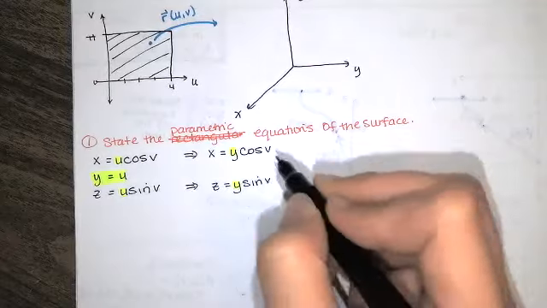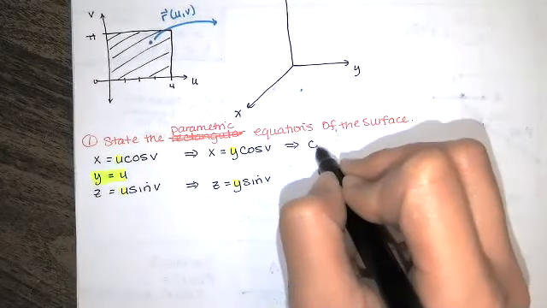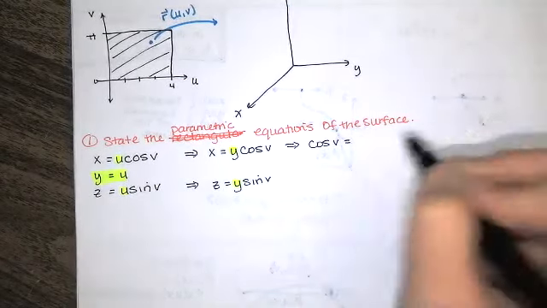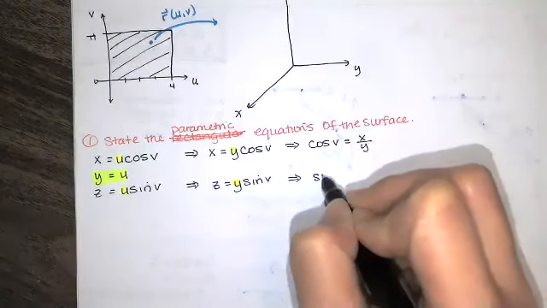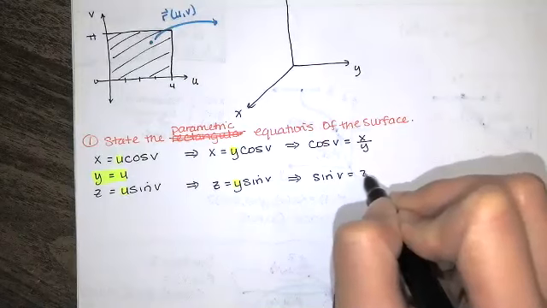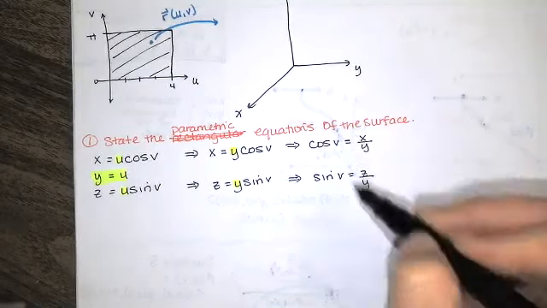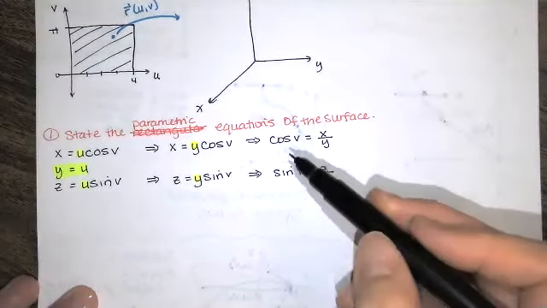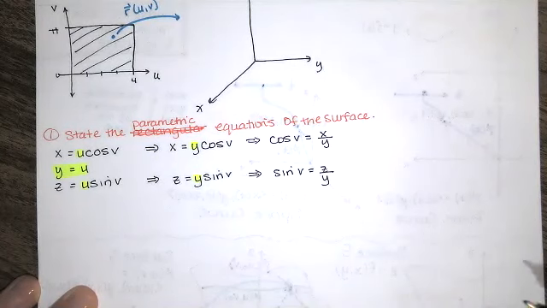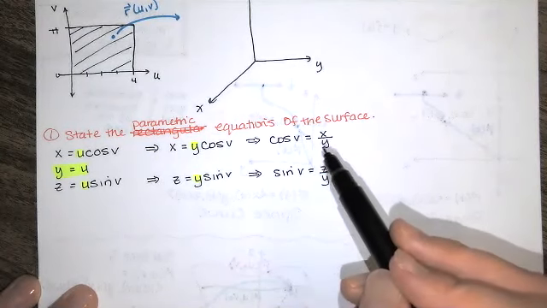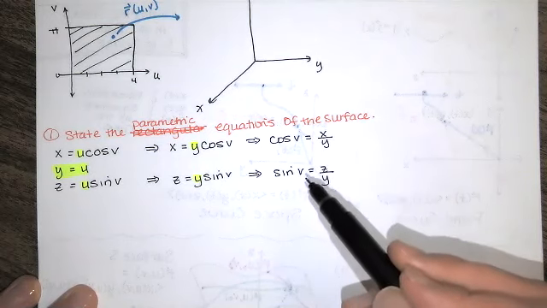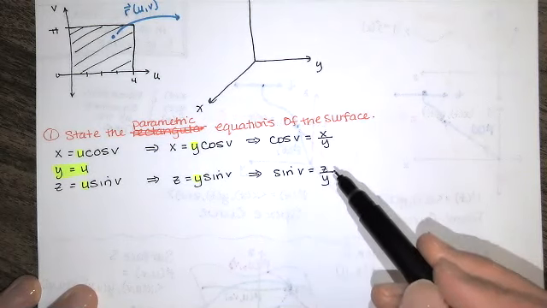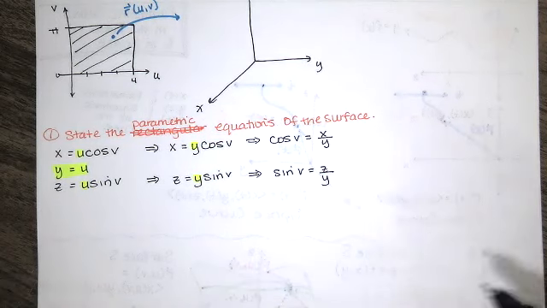So we would take these and solve for cosine of v, and take this one and solve for sine of v. And the reason we do that is because we know that cosine squared plus sine squared is 1. So we can replace cosine in that identity with x over y, and we can replace sine in that identity with z over y and set it equal to 1.